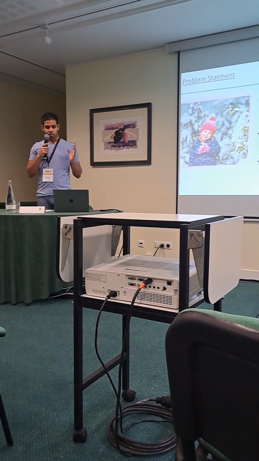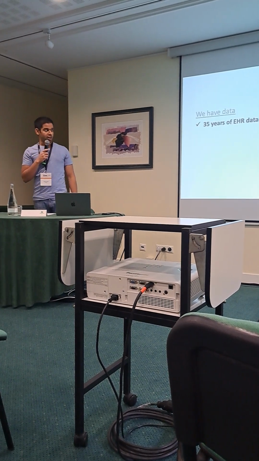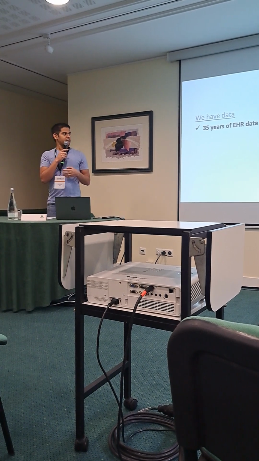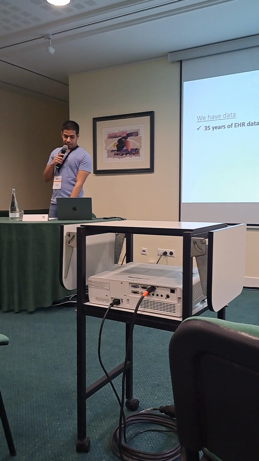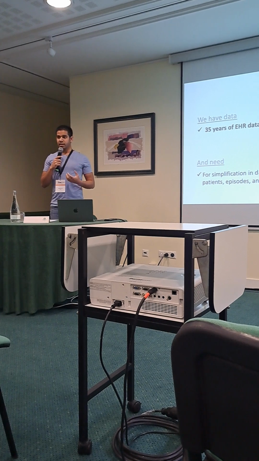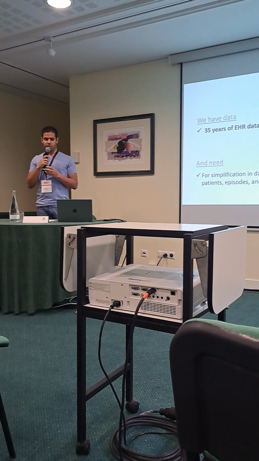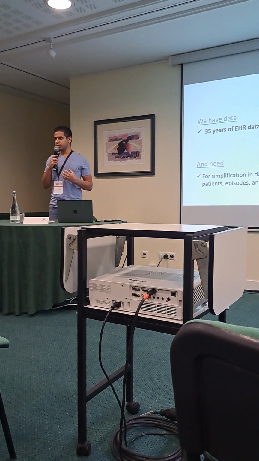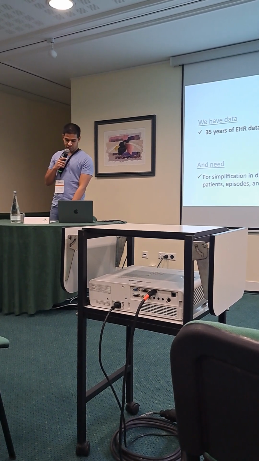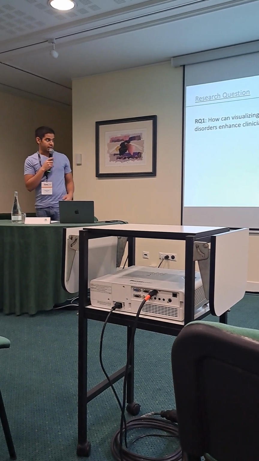So taking these things into consideration, and the data in our hand, which is 35 years of longitudinal electronic health records, the clinicians wanted it visualized so that it can be better represented and better understood by them, to see the patient, to understand the progression of disease in the patient, the episodes associated with the patient, and the disorder co-occurrence. So with this problem statement and need from the clinicians, we focused on three questions.